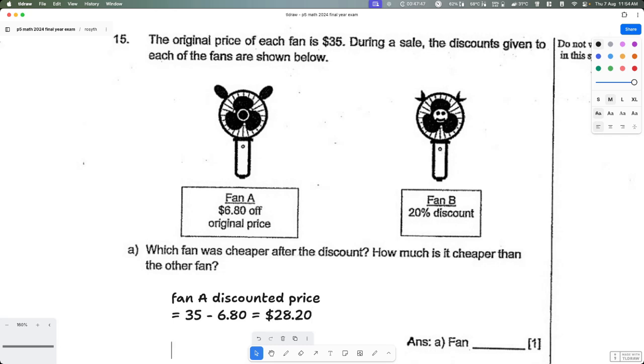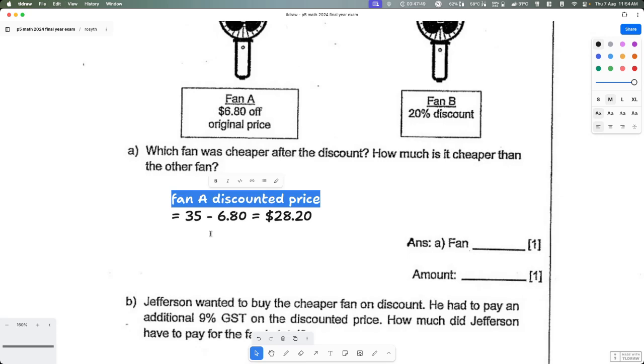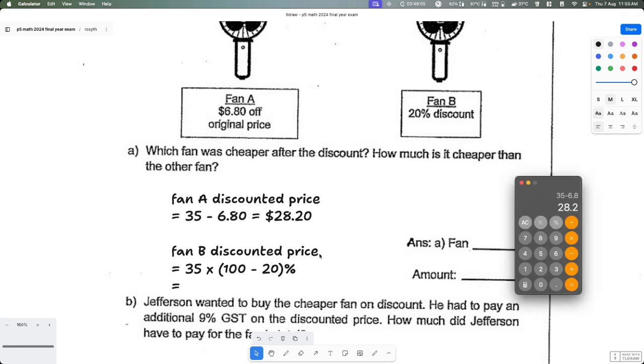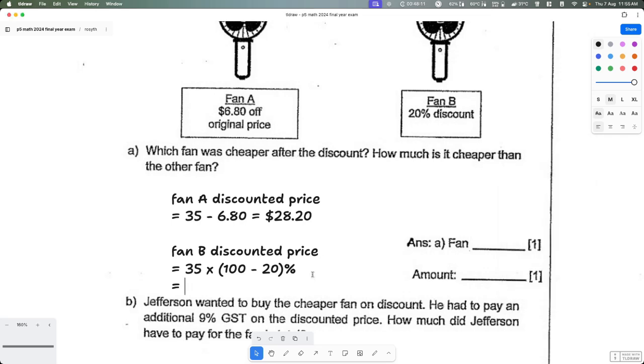So fan B, discounted price is basically 35 times bracket 100 minus 20%. So 35 actually just multiply by 80%. Okay, and this will give us $28, right?